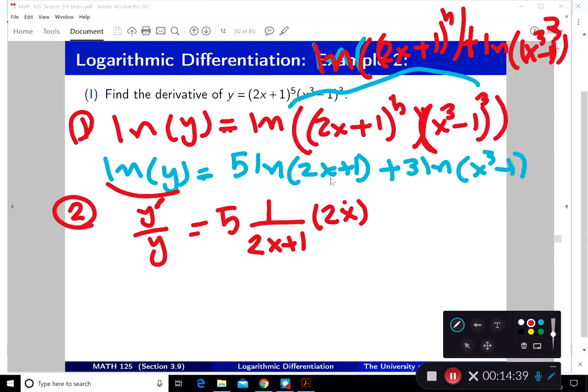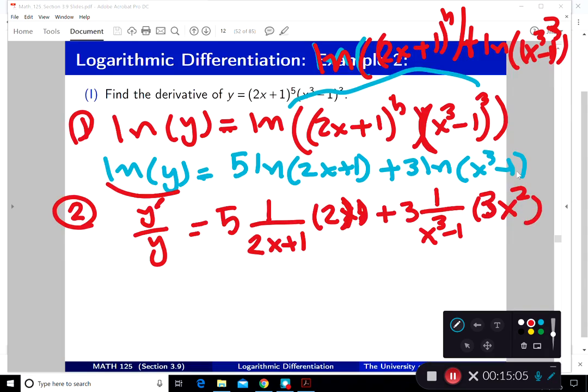Oh, sorry, just 2. And then plus 3 times, because 3 is the coefficient, 1 over the inside times the derivative of the inside again.